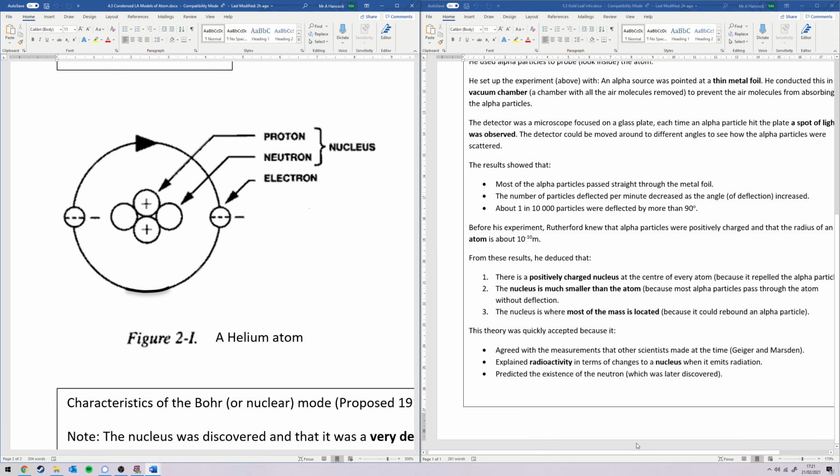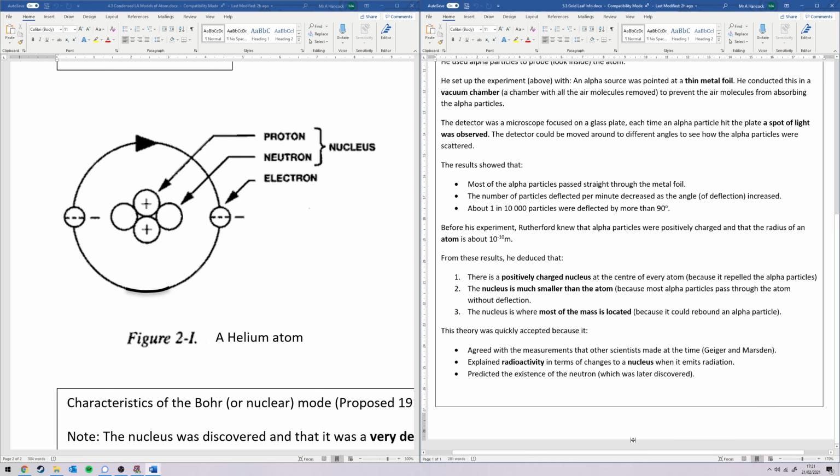Well, there are 2 different things that you need to know. If you are told to describe the results of the Rutherford's scattering experiment, you need to know these 3 bullet points here. Okay, but then you need to understand what he deduced after he had seen this.